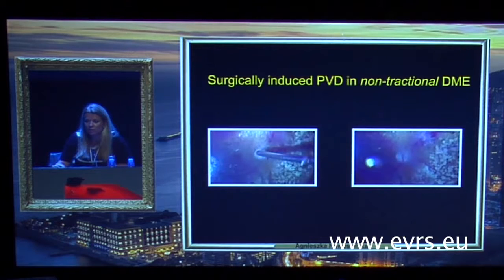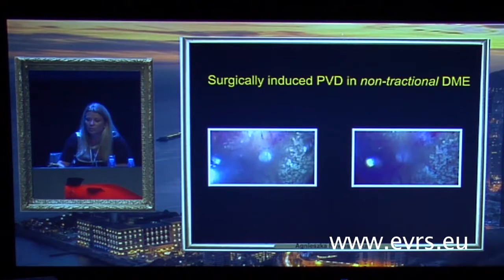Another observation made during the vitrectomy was retinal perfusion. This is the same eye. On the left side, you have the moment before PVD is performed, and on the right side, this is the same eye after PVD is performed, and you can observe how the vessels behave differently.